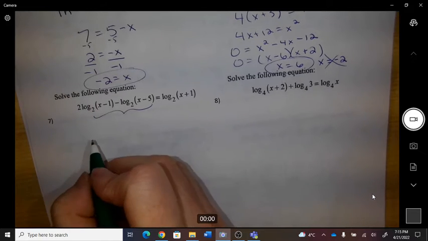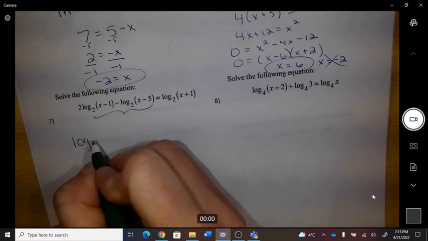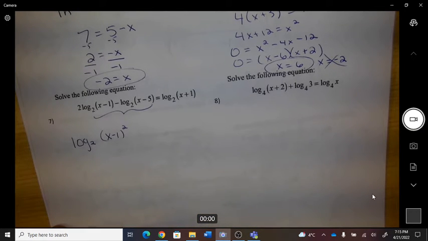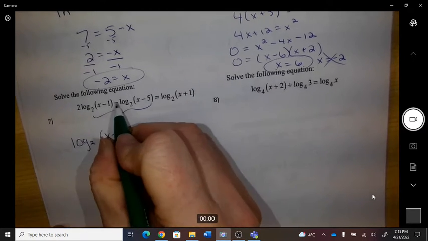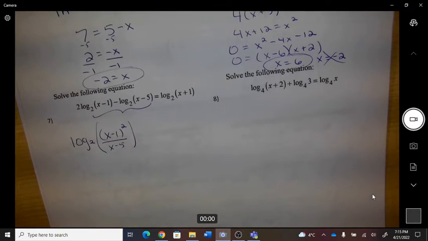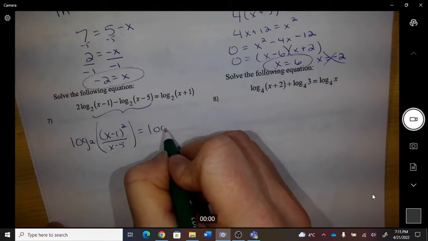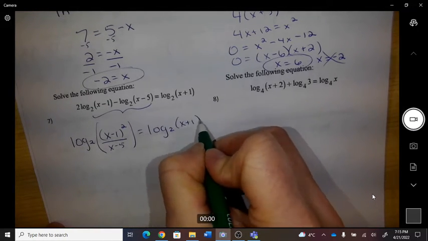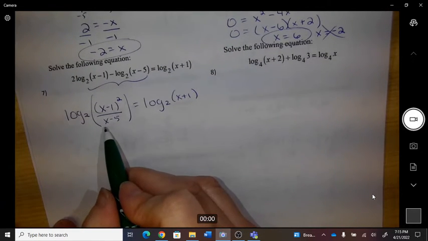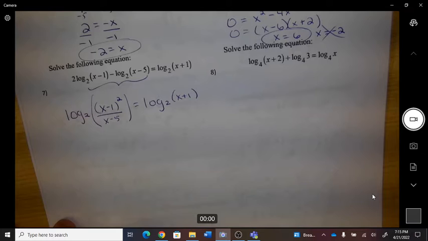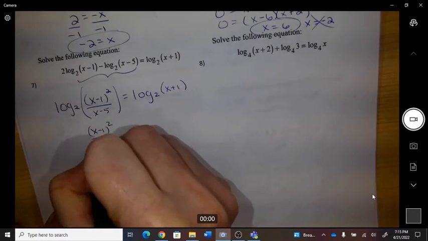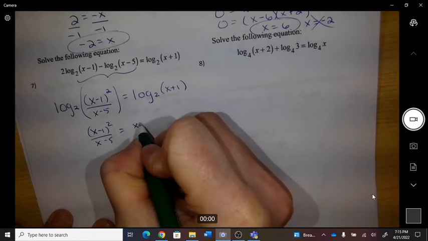So I'm going to go log 2 of x minus 1 gets squared, and then there's a division by x minus 5, and then this side is log 2 of the x plus 1. So now I'm going to forget that because that's the same on both sides. So x minus 1 squared over x minus 5 equals x plus 1.